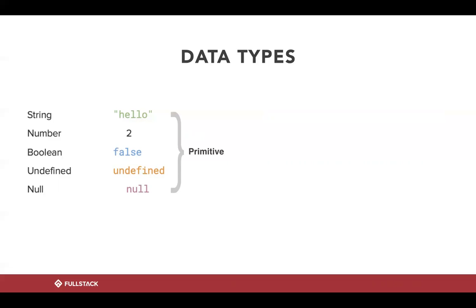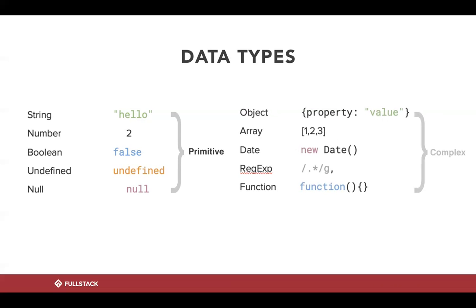If I was to write a zero, a zero is still a thing. Zero is still a number. If we want a variable that is specifically empty, specifically nothing, that's where we use null. So those are the primitive types.